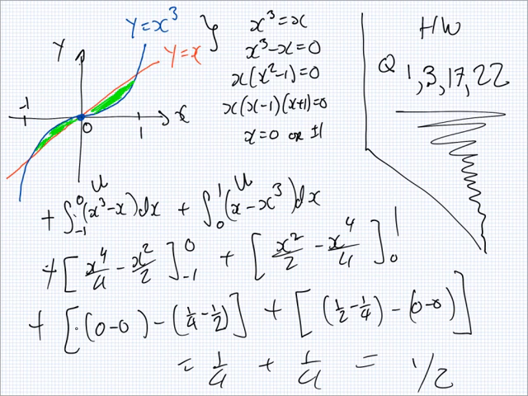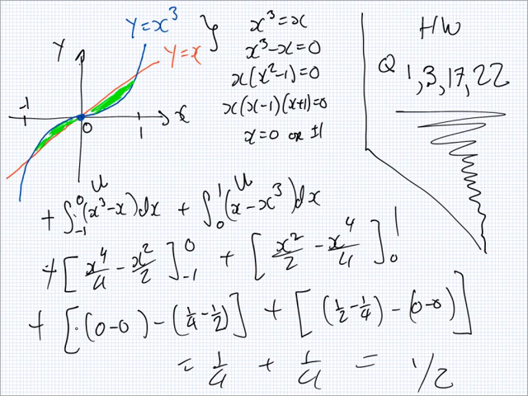Something's a bit funny with your brackets here, hang on. So the first one, you have bracket minus 1 power 4 over 4 minus 1 squared over 2, close the bracket. So that's fine, right? Plus bracket. You didn't bother to put 0 in the first one because it was 0, right?